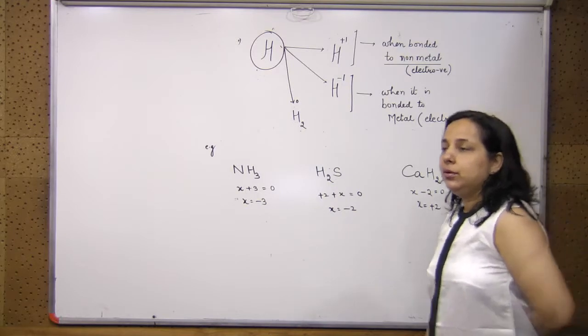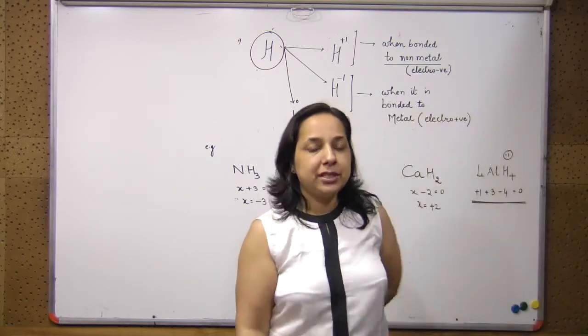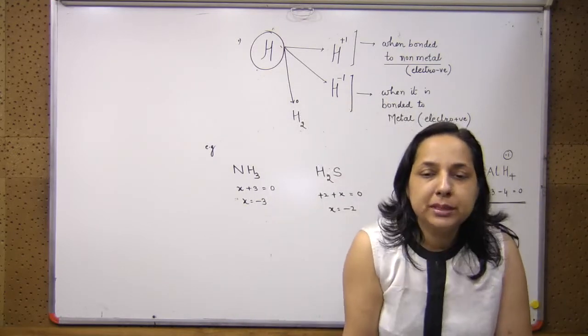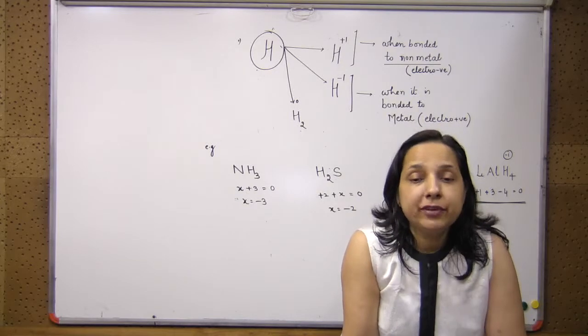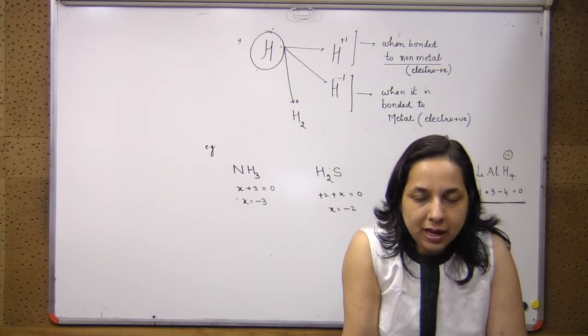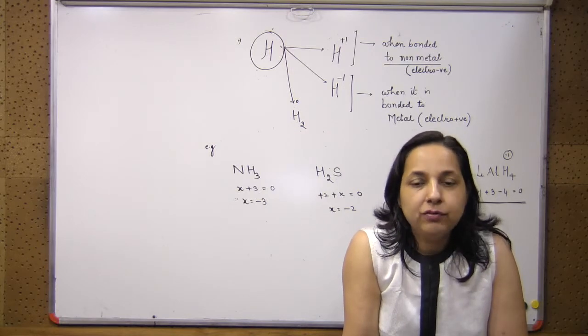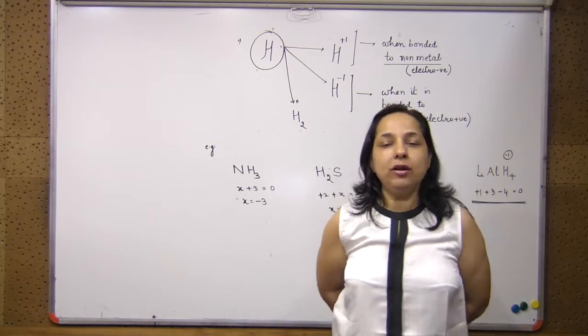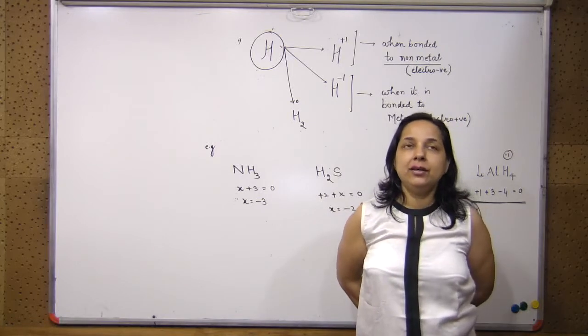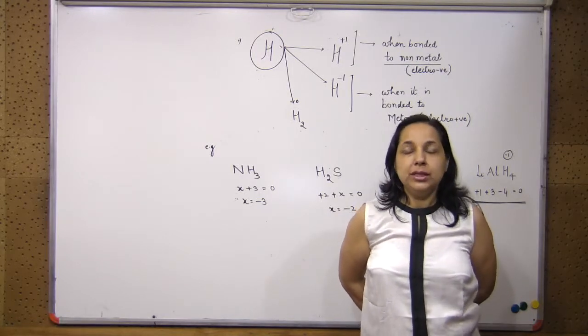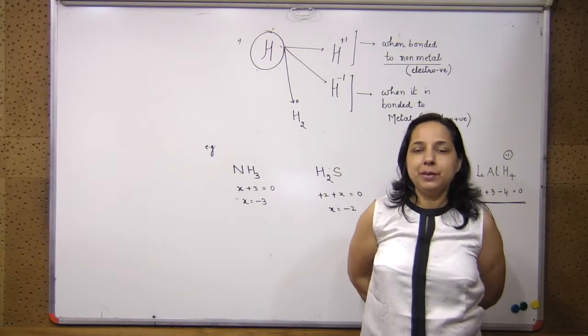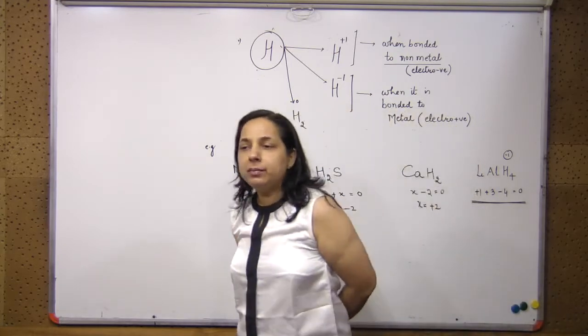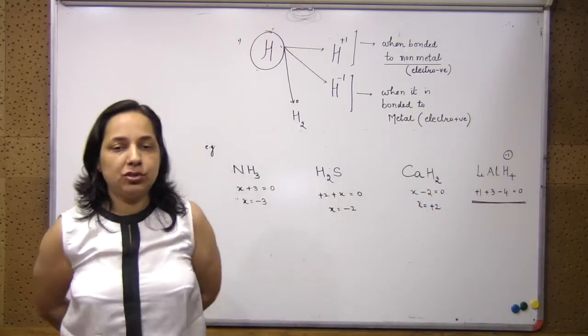First rule, elements in elementary state have oxidation number 0. Second rule, some fixed oxidation numbers are there: group 1 always +1, group 2 always +2. Then after group 1 and group 2, there is zinc +2, cadmium +2, fluorine -1, aluminium +3.